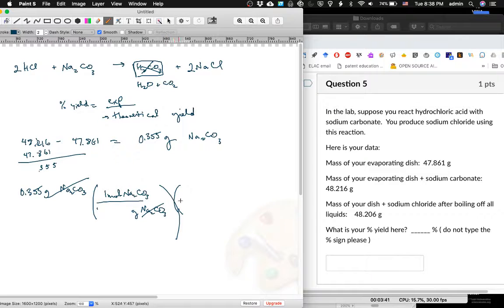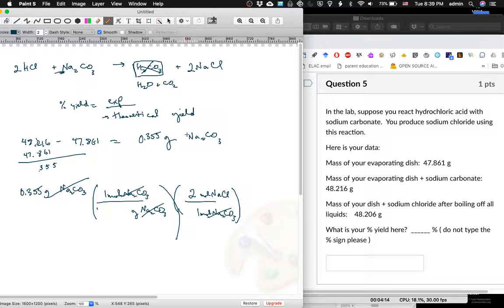And once you've got moles of sodium carbonate, you can convert that into moles of sodium chloride like this. 1 mole of sodium carbonate, 1 because there's 1 here, and that makes 2 moles of NaCl. Okay, so now we have moles of NaCl. Now the theoretical yield is going to be grams of the NaCl.